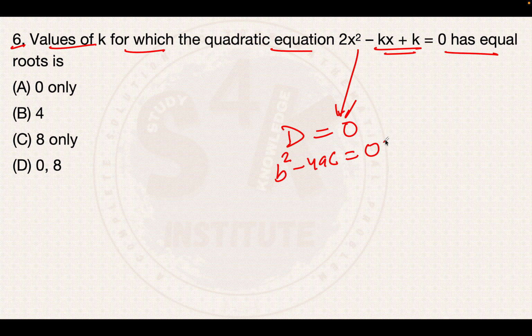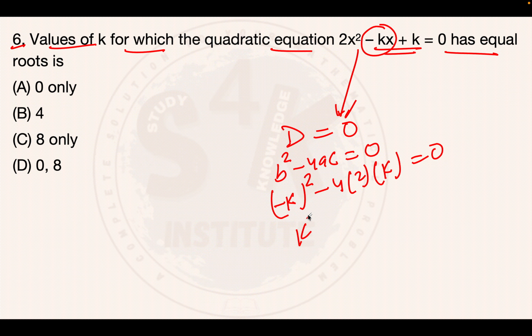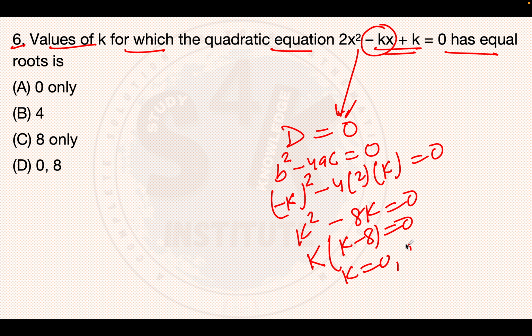Here the b value is minus k, so minus k square minus 4 into 2 into k is equal to 0. So k square minus 8k is equal to 0. If you take k common, k times k minus 8 is equal to 0. So you will have k equal to 0 and 8.